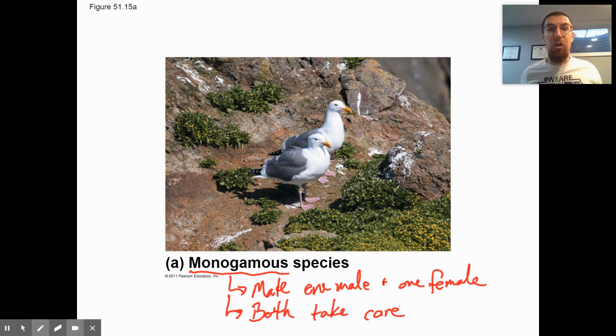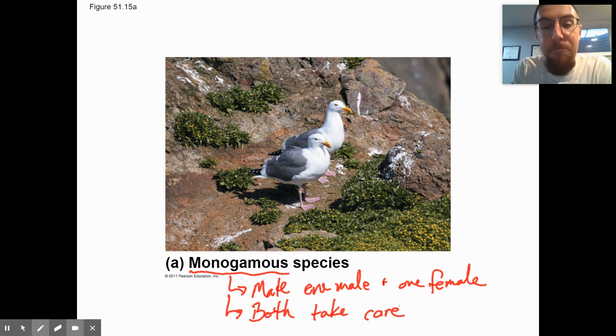If offspring require a lot of resources, typically you see that species display monogamous behaviors. Humans are an excellent example of this type of behavior because human babies require a ton of care. They would most likely not succeed if they didn't have the care of both parents.